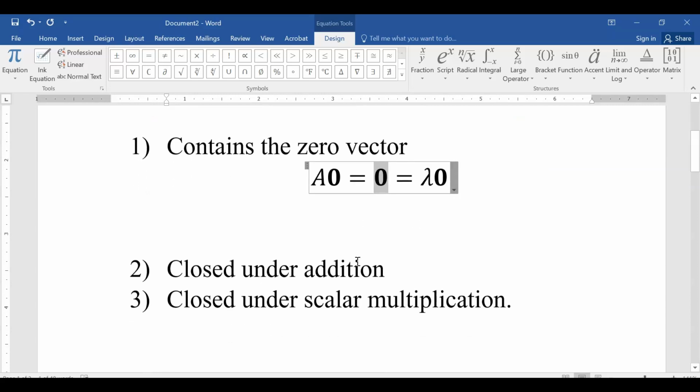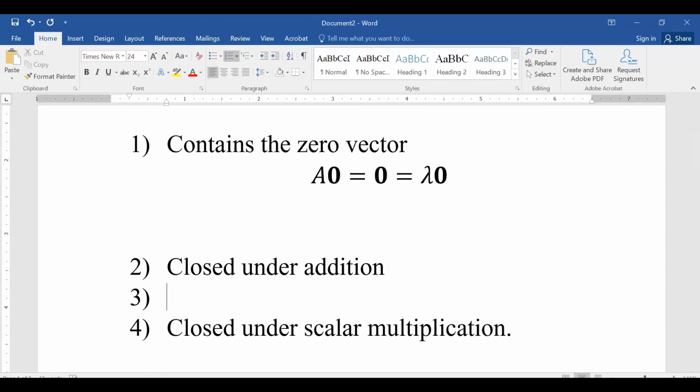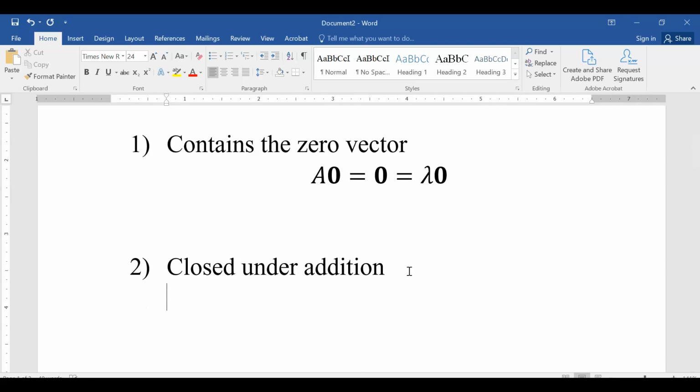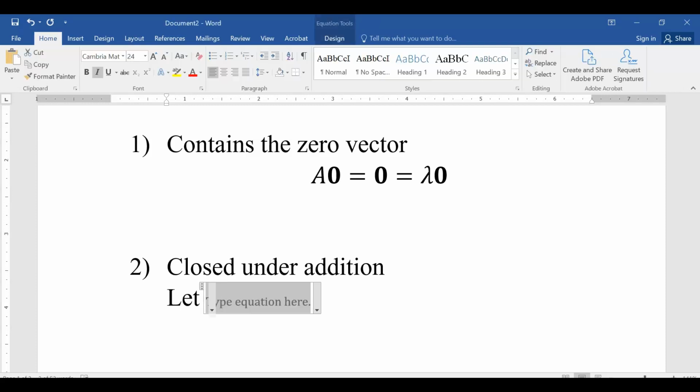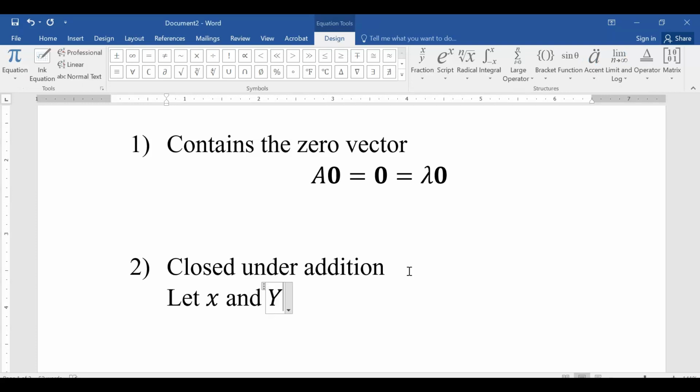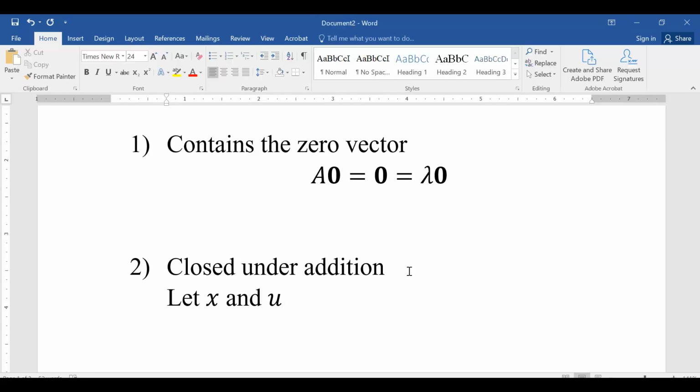All right, closed under addition. So per the usual, we let x and y be vectors in our eigenspace.